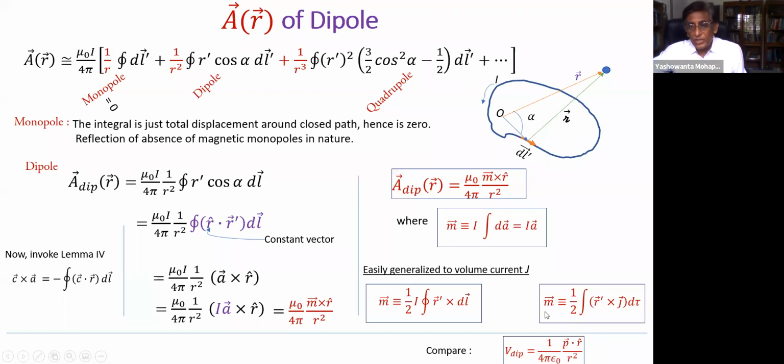Once you have defined M, the vector potential of a dipole is given by this. Let me go to a logical point and then stop.